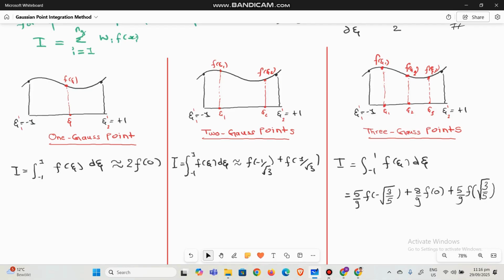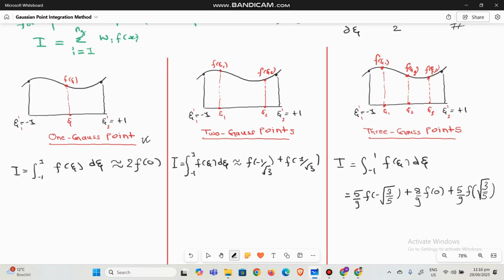So here is the summary of the formulas that we use for different Gauss points integration. For example, let's look at one Gauss point. Say we have to find the area between 2 points. We mapped it under xi = -1 to +1.